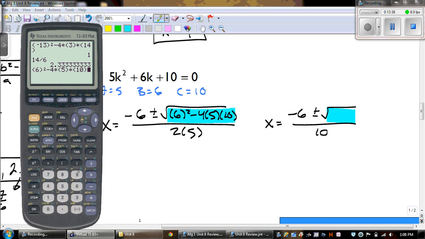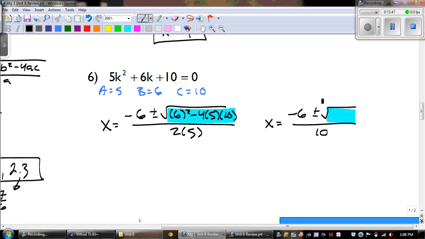And what do you guys get? Okay, when I got it, I got negative 164. And you guys should get the same thing, negative 164. And can you take the square root of a negative number? Nope. So our answer here is no real solution.